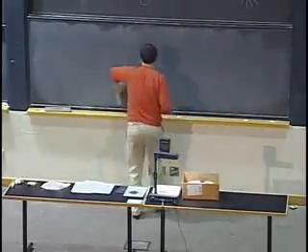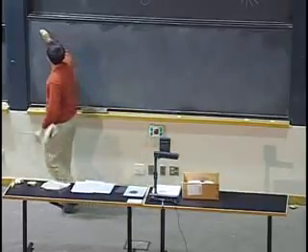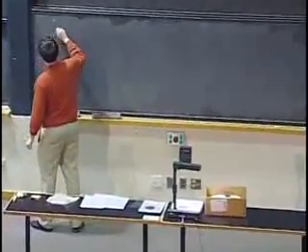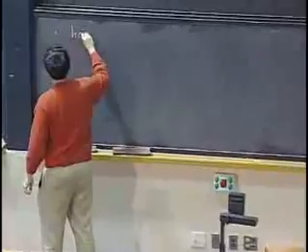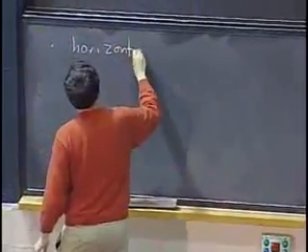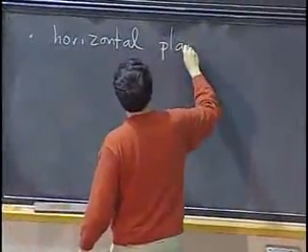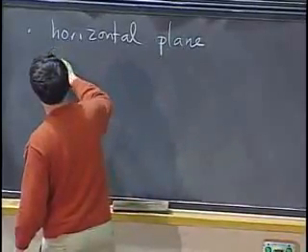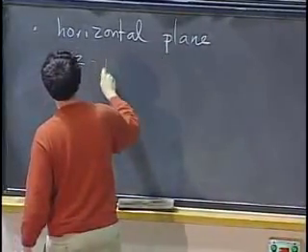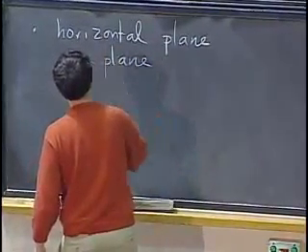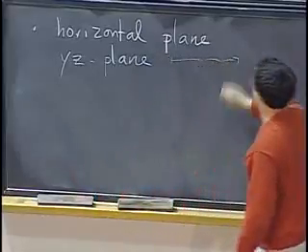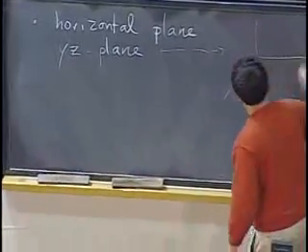Okay, so what kinds of formulas for NDS have we seen? Well, we've seen a formula, for example, for a horizontal plane, or for something that's parallel to the YZ plane or the XZ plane. Let's do just the YZ plane for a quick reminder.